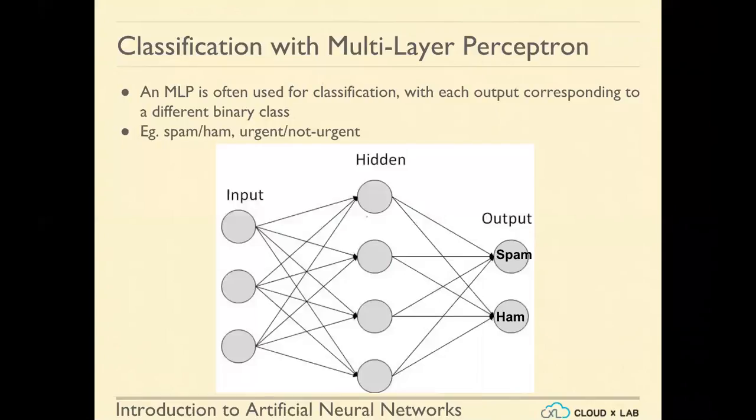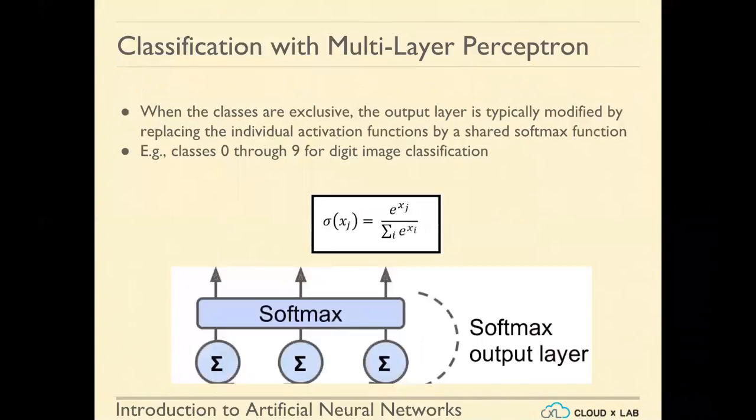So multi-layer perceptron is often used for classification, with each output corresponding to many different binary classes. For example, it's ham or spam, urgent or not urgent. When the classes are exclusive, the output layer is typically modified by replacing individual activation functions by a shared softmax function.